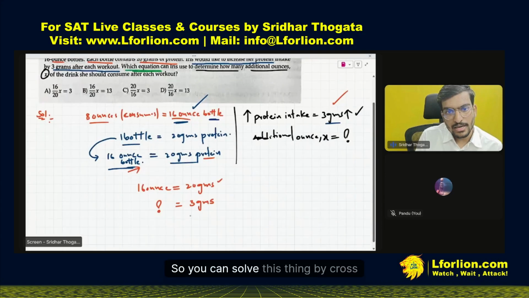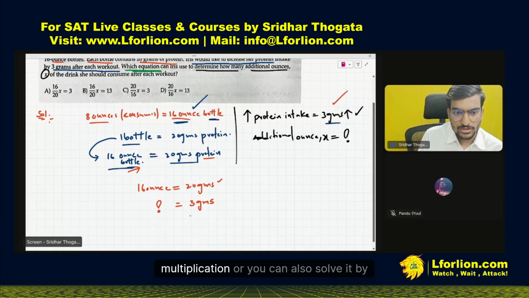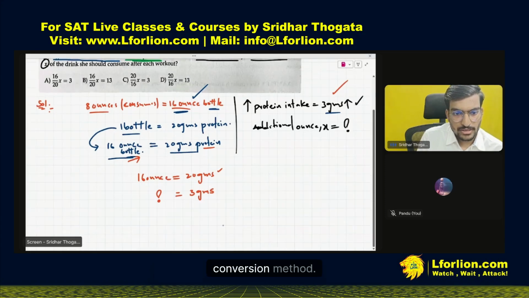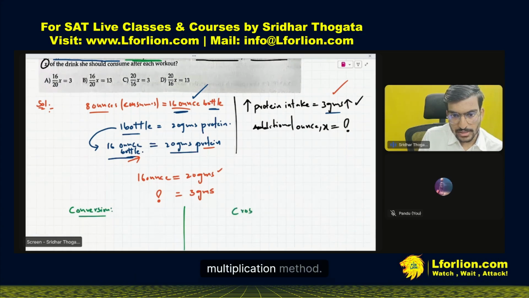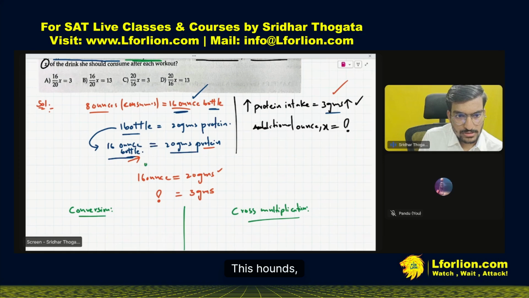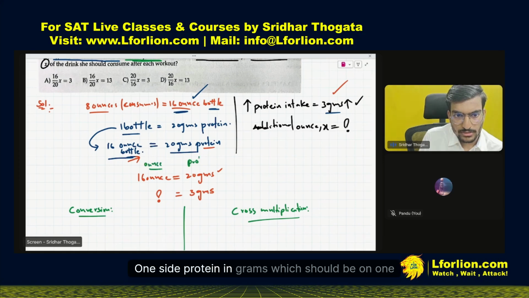You can solve this by cross multiplication, or by the conversion method. Let's do the conversion method first, then cross multiplication. And be careful, ounces should be on one side and protein in grams on the other.